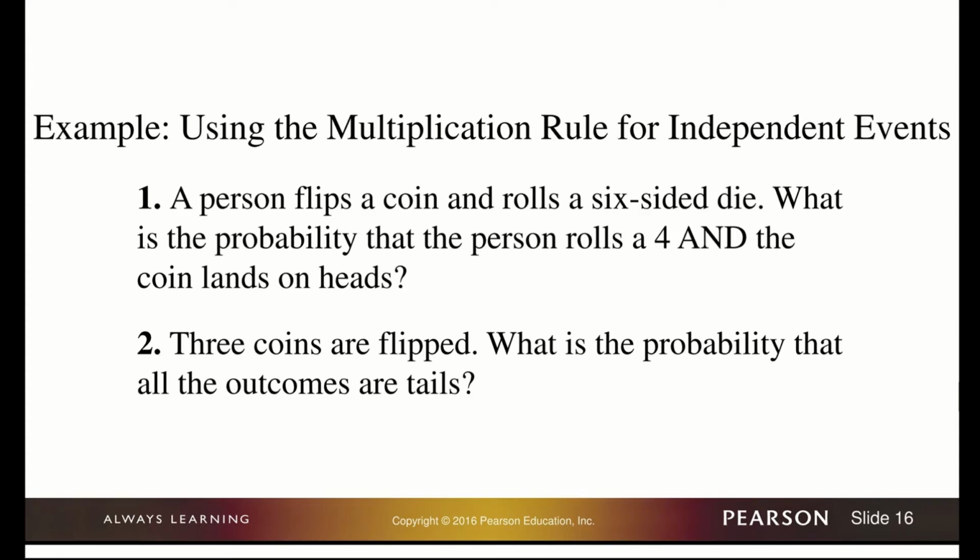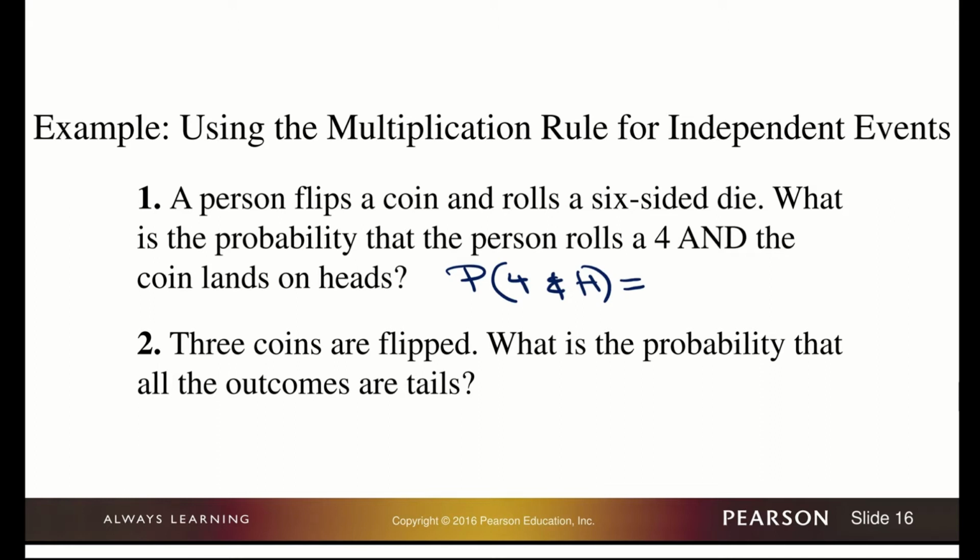All right, so here we're going to look at a couple of examples. A person flips a coin and rolls a six-sided die. What's the probability that the person rolls a 4 and the coin lands on heads? We can write this symbolically like this. So first of all, we ask ourselves, are these independent events?